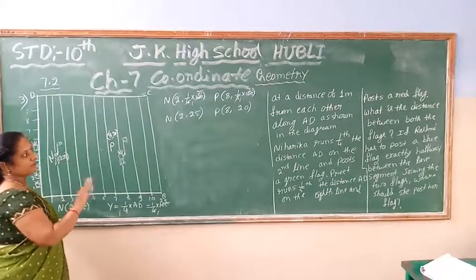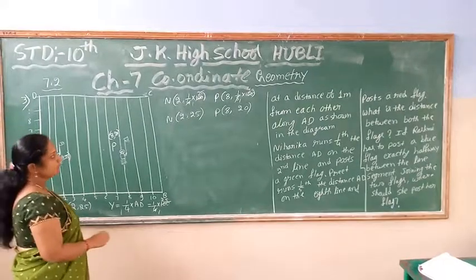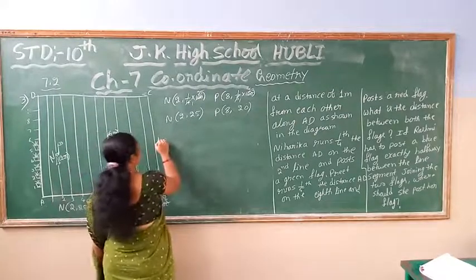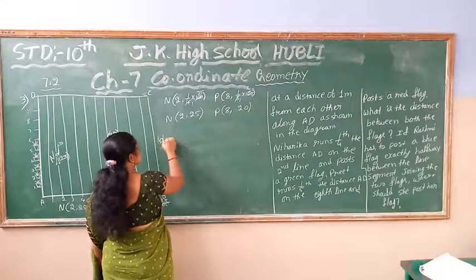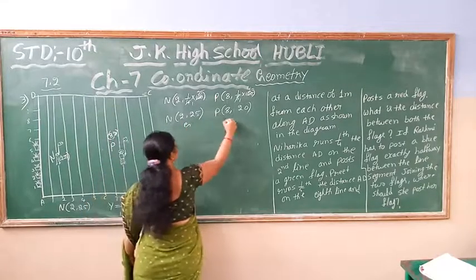Now I find the distance between N and P, which means the distance between the green flag and the red flag, children.